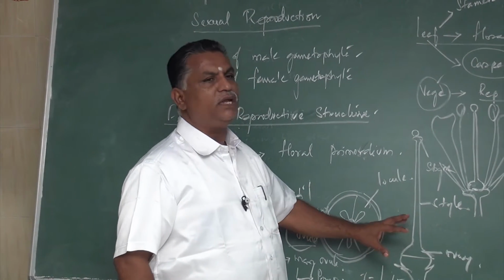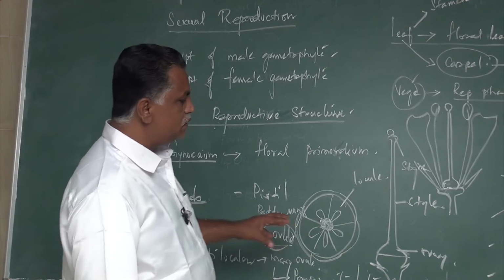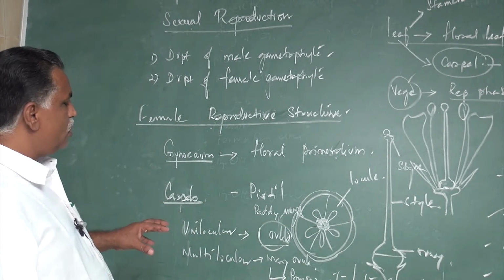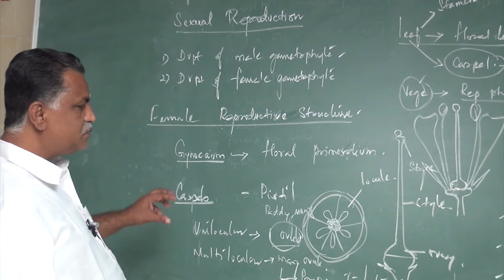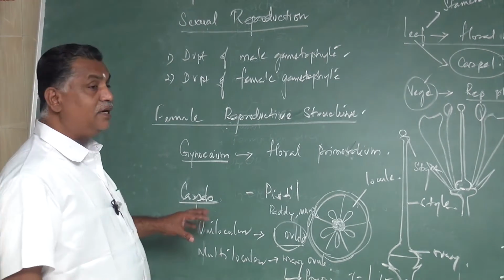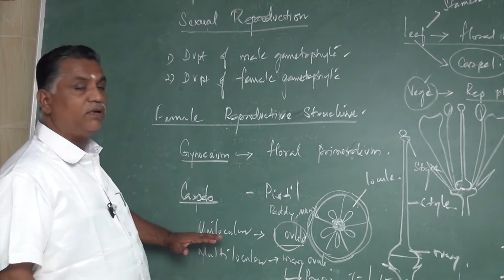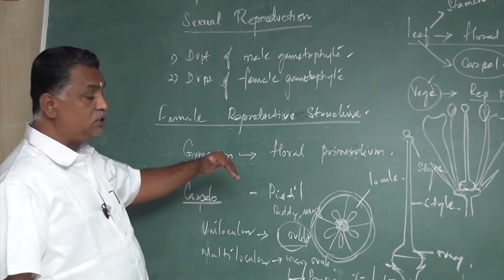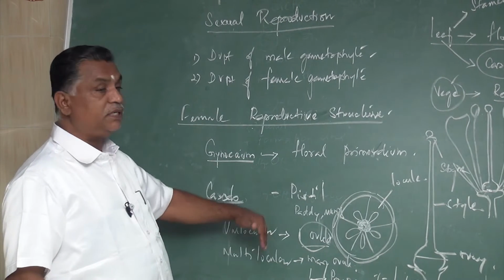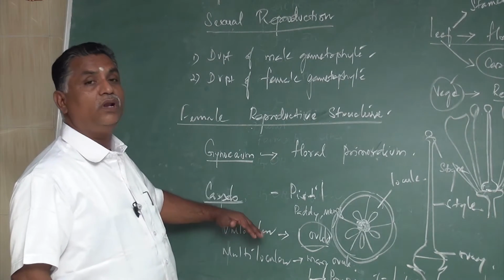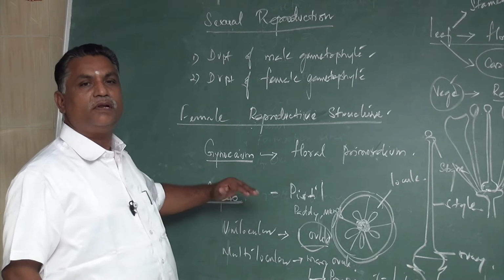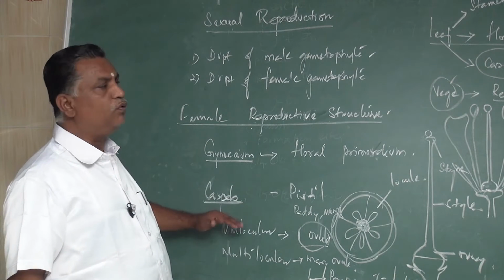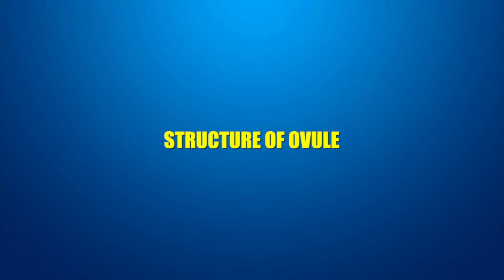In that, ovary is the very, very important part which houses the ovules inside. Ovules are called megasporangium, and they are directly related to the sexual reproduction of the plant. If ovules are absent, though gynoecium is present, the plant will not be successful in the process of reproduction. So for the plant to be successful, well developed ovules are necessary.